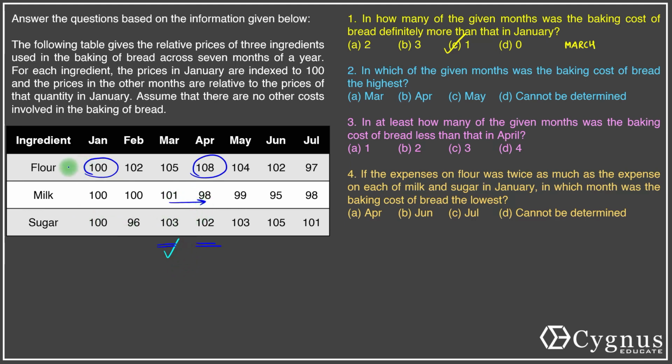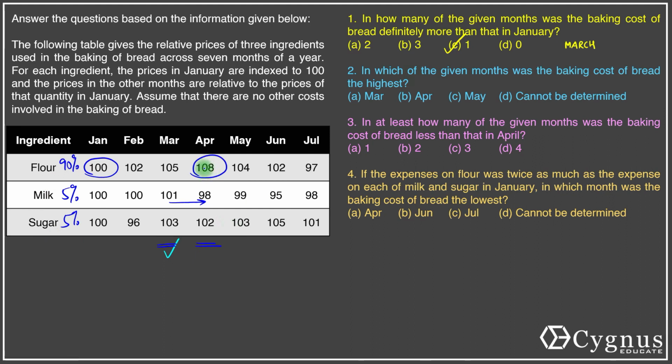Like, let's say the cost of flour constitutes 90% of the cost of baking of bread, whereas the cost of milk and sugar each constitute 5%. Then the change in milk would not mean much, and the change in sugar would not mean much. However, the change in cost of flour would mean a great deal in the cost of baking of bread.